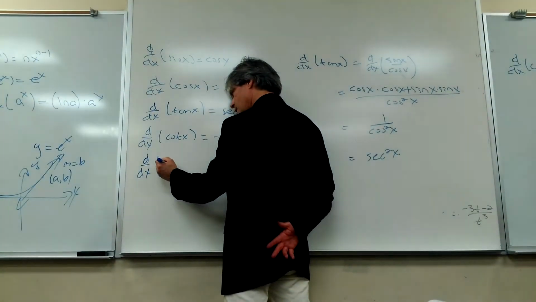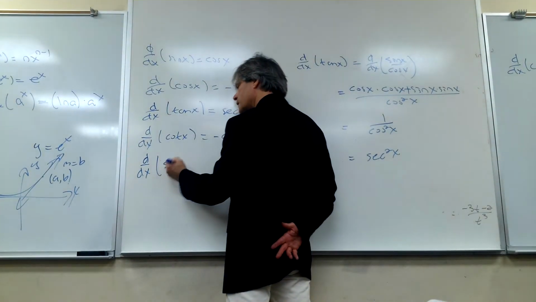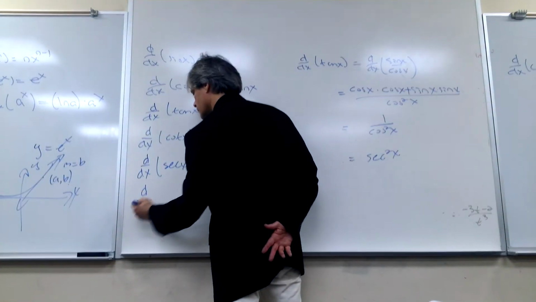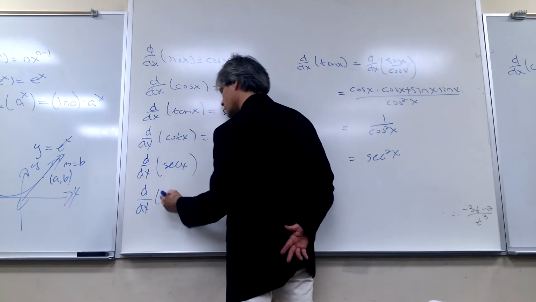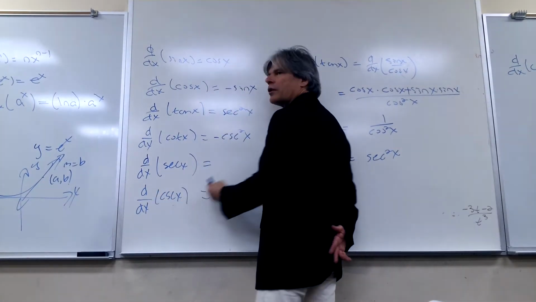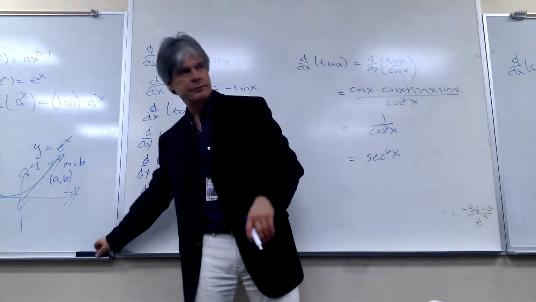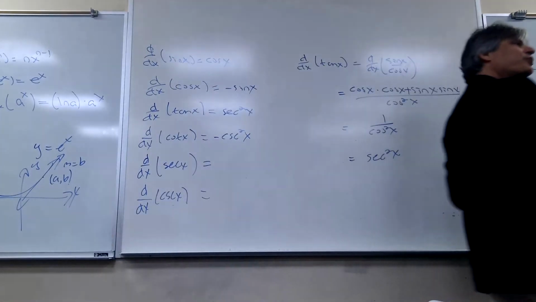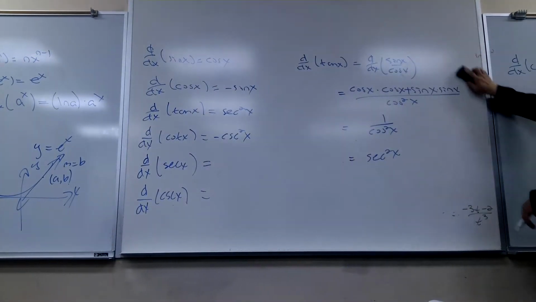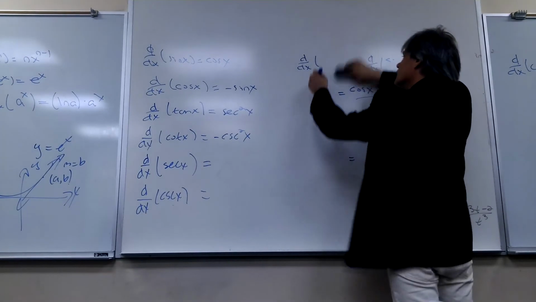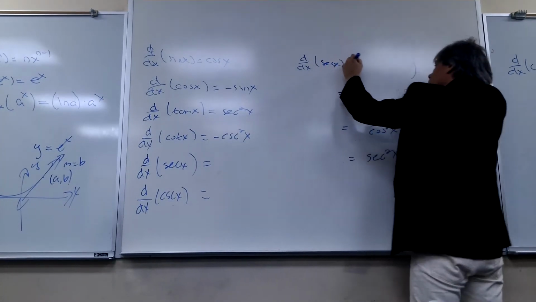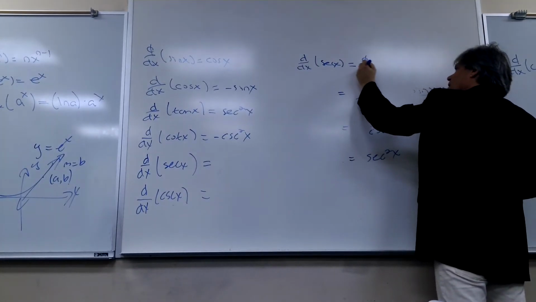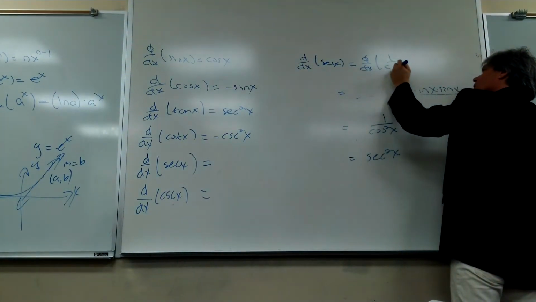I haven't differentiated the cosecant or secant functions. Well, you guys, let's do it. Let me show you why. I think differentiating secant of x is nothing more than differentiating with respect to x one over the cosine of x.